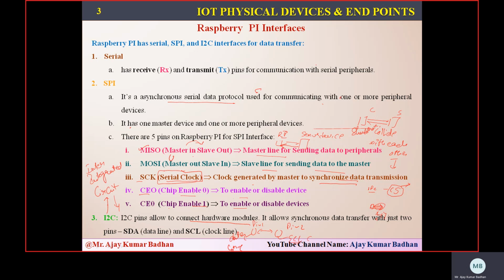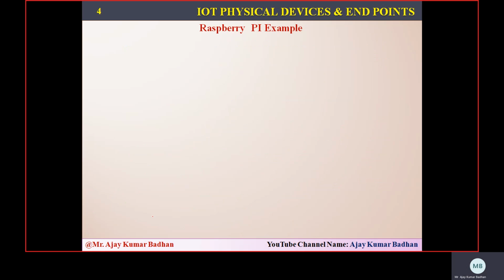SDA is the serial data line, whereas SCL is the serial clock line. So to transmit data in between, we use this inter-integrated circuit. I hope that is very clear. That is related to the serial interfaces that we have.